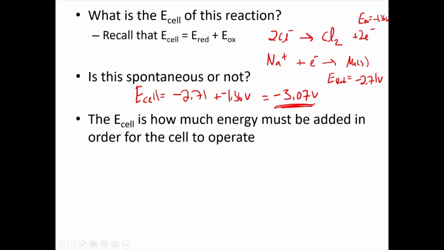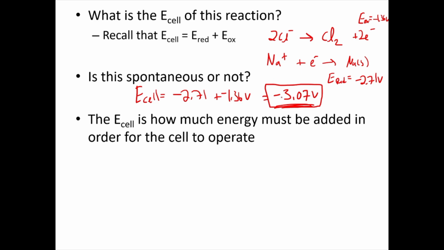So this reaction is not spontaneous in the least because it requires a substantial amount of energy in order for it to happen. So in this case, the voltage you get from an electrolytic cell tells you not how much voltage the cell creates, but how much voltage the cell needs in order to operate.